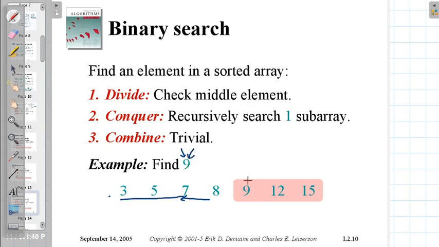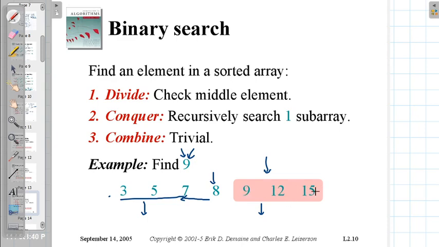That's why, depending on whether this element is less than or greater than this, we have to decide which subarray we have to take in the next iteration for searching. So as 9 is greater than 8, we have to definitely search here: 9, 12 and 15.